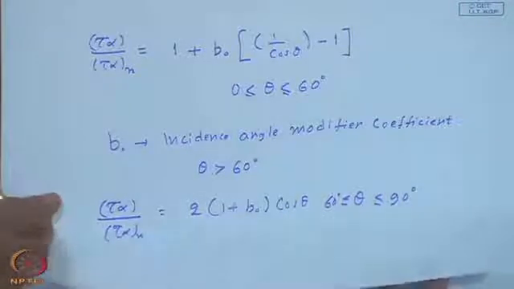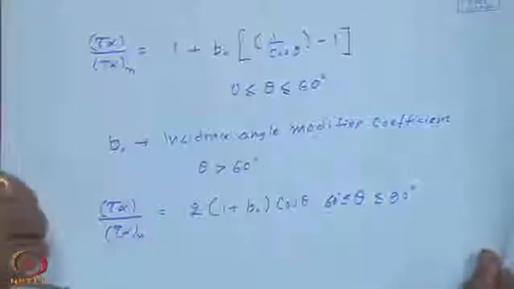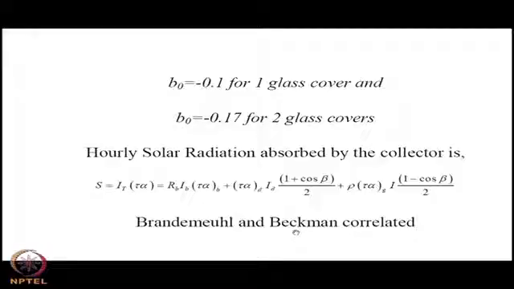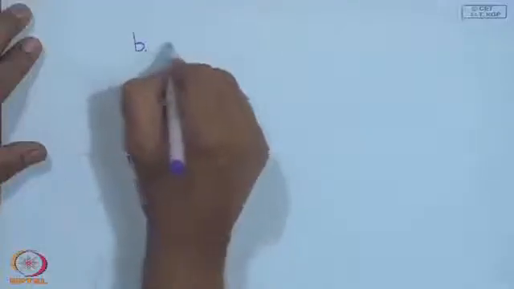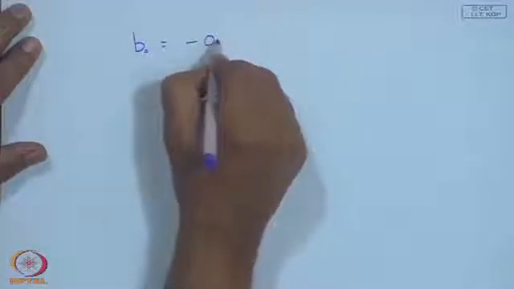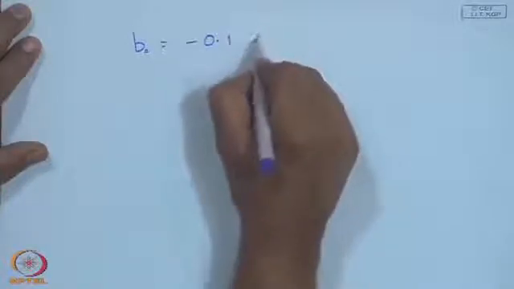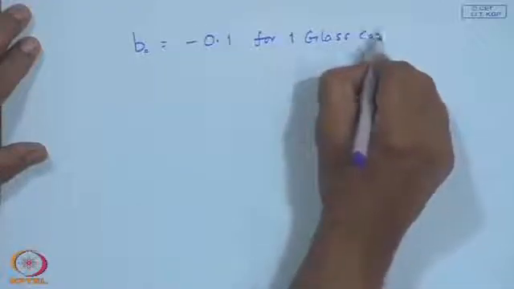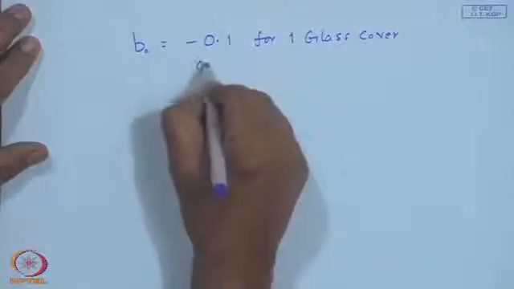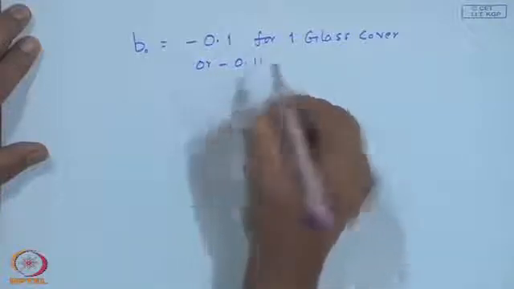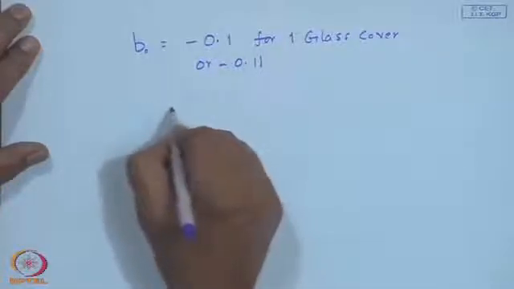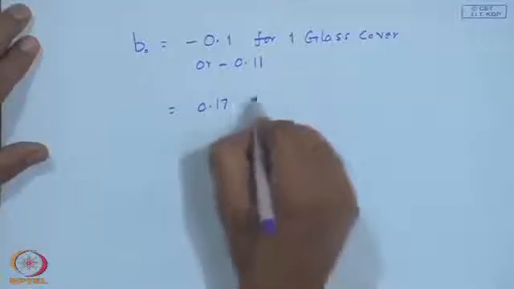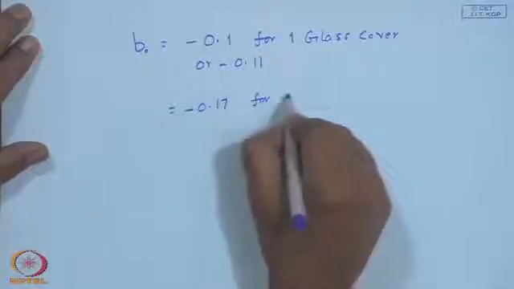So, it follows the line between 60 and 90, very close to the data values. And the typical values for b0 are minus 0.1 for one glass cover, or minus 0.11 at times, and 0.17 for 2 glass covers.